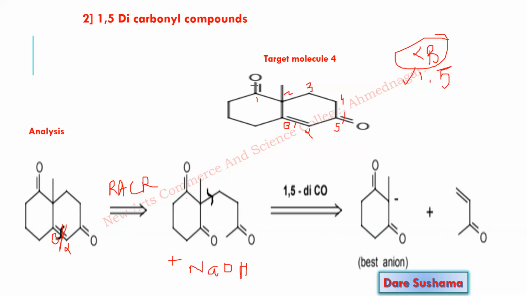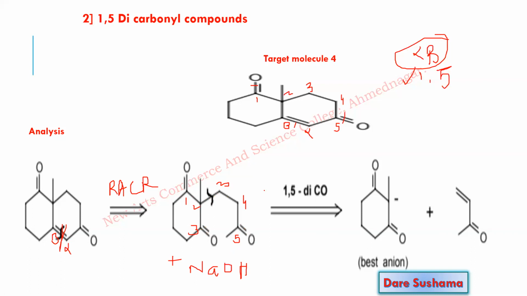Now the next relation is 1, 2, 3, or 1, 2, 3, 4, 5. So which is the best one? As 1, 3 is a part of a ring, therefore we are not going to consider it first of all. So we go with the 1,5-dicarbonyl compound.